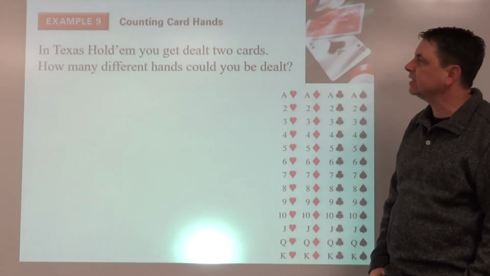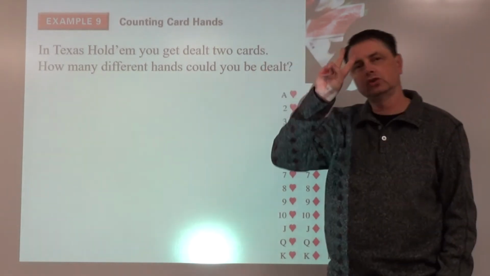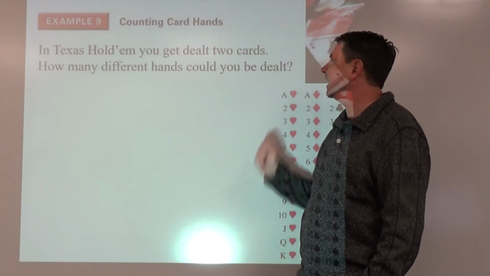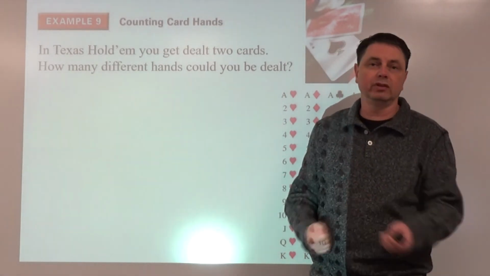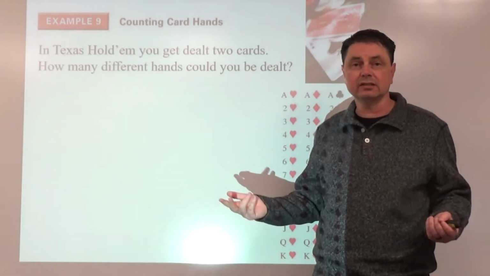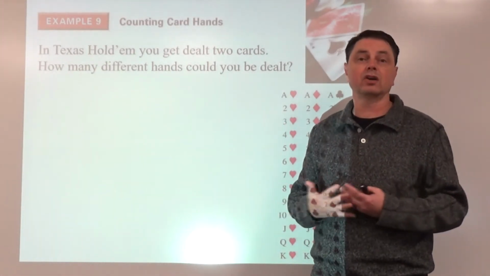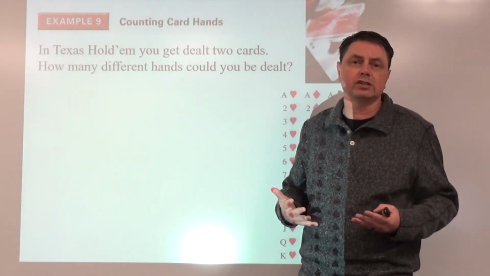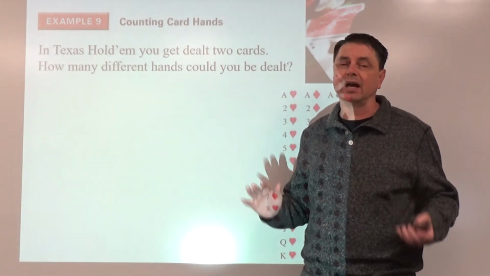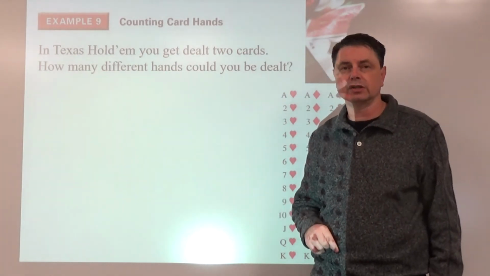So in the game Texas Hold'em, you get dealt 2 cards. How many different hands could you be dealt? Well, does it matter the order in which you receive your cards? It doesn't, because when you get your cards, usually in a card game, you kind of rearrange them anyways. So if order mattered, you couldn't rearrange them. So order does not matter. It's a combination situation.